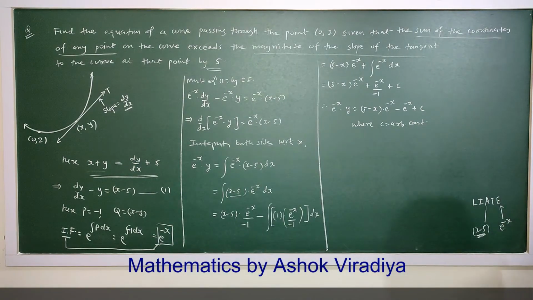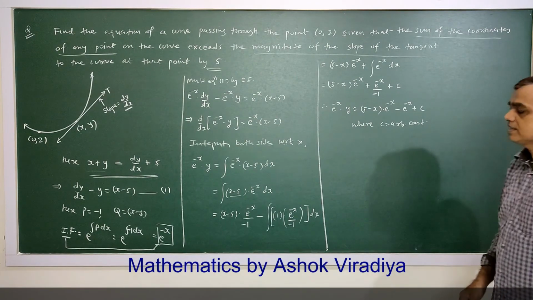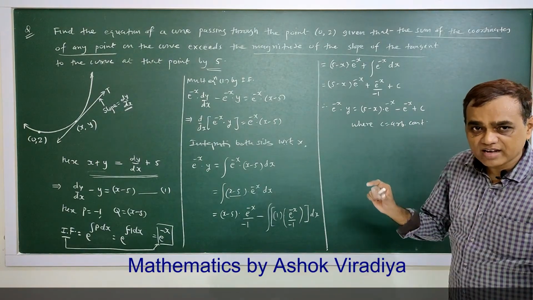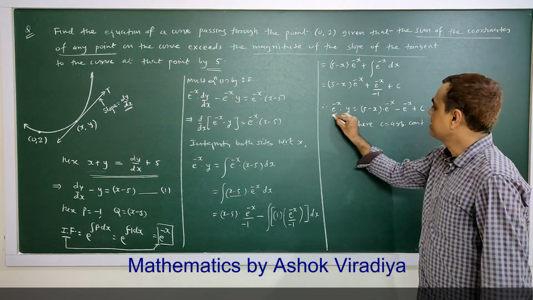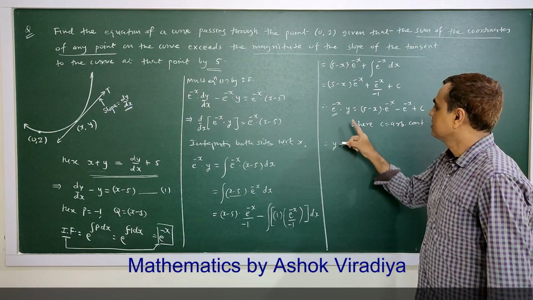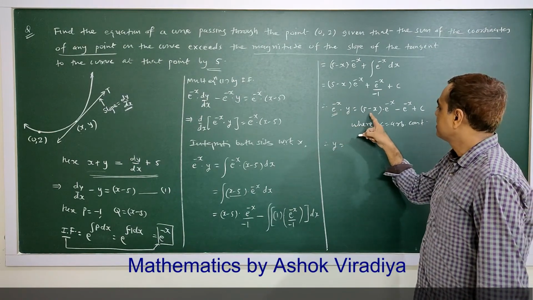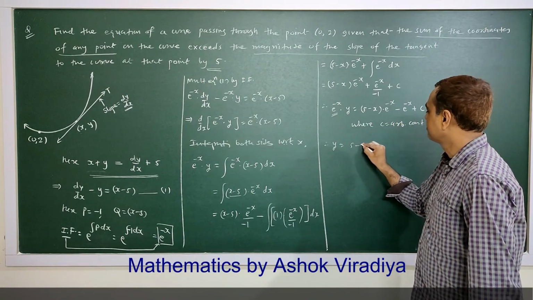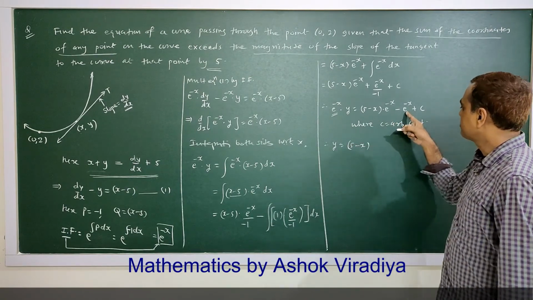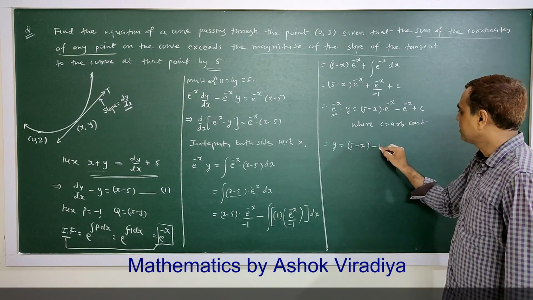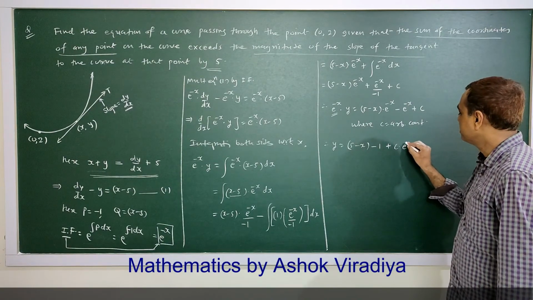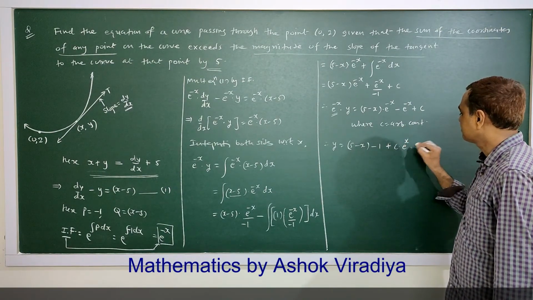Now this solution can be expressed in terms of y, it can be expressed as y in terms of x. So dividing by e raised to minus x, this will be removed. Divide this by e raised to minus x, so minus 1, plus divide by e raised to minus x, so c into e raised to x plus x.